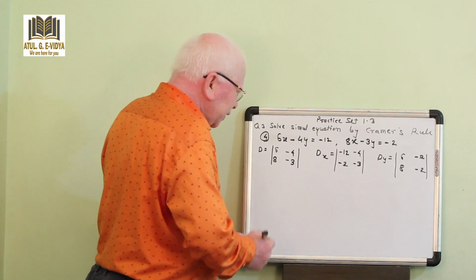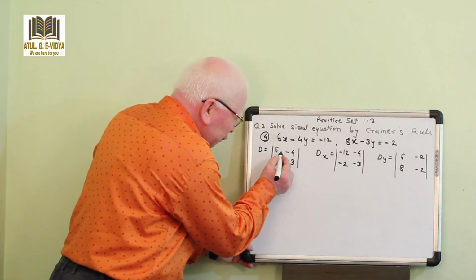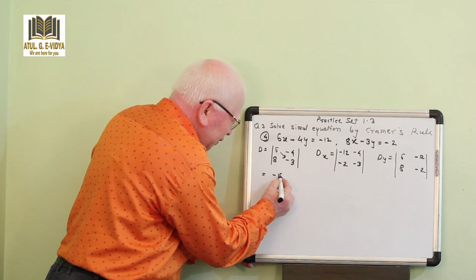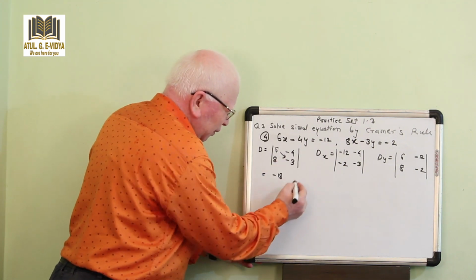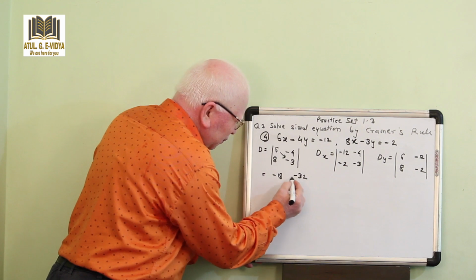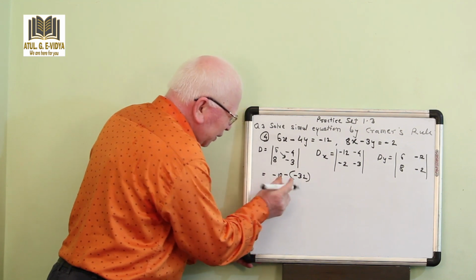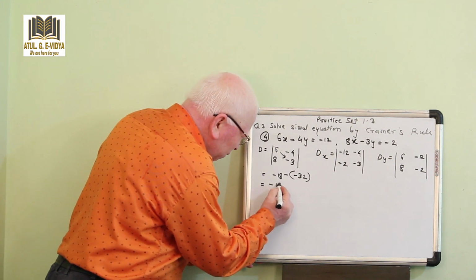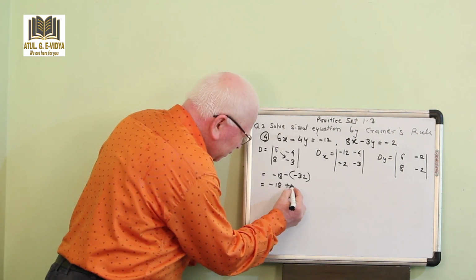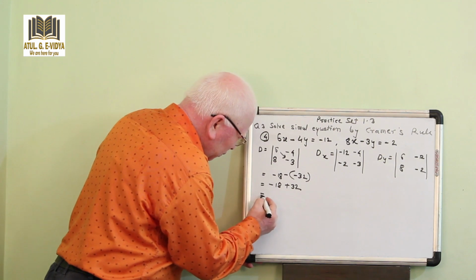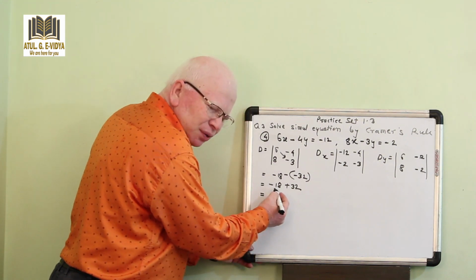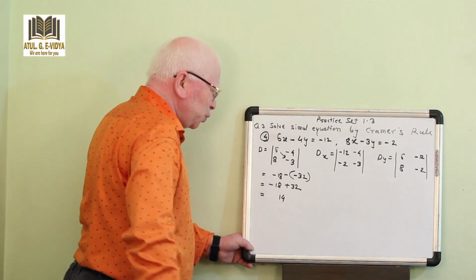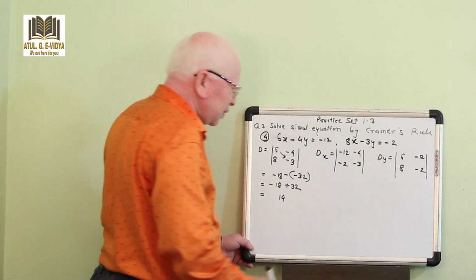Now, let us find the value of the determinants. 6 into -3 is -18, 8 into -4 is -32, and such minus sign from our formula. Subtraction, 32 minus 18, that is 14, and the sign should be plus because of the bigger sign.